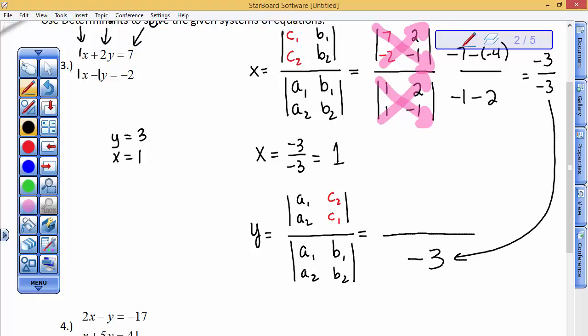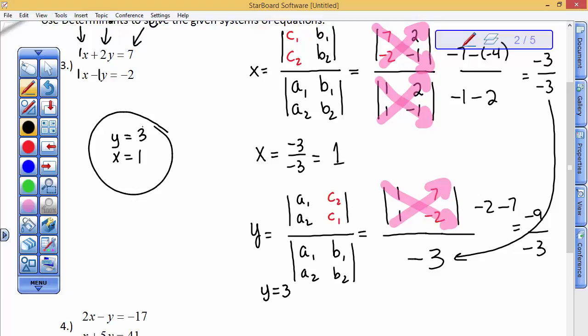And then my constants are 7 and a -2. And when I take that product, which is a -2, and subtract 1 times 7, which is 7, I get a -9 divided by a -3, and I find out that y is indeed equal to a +3, just like I had found here.